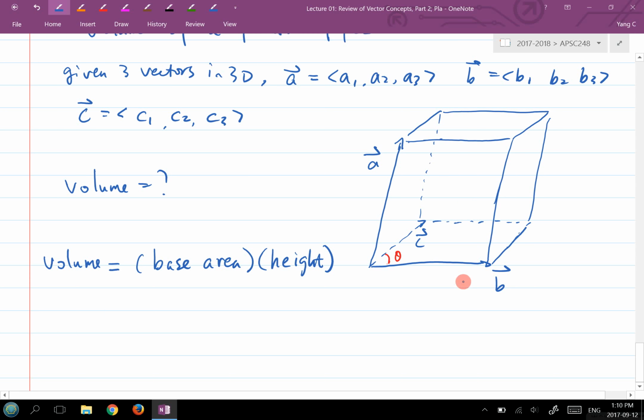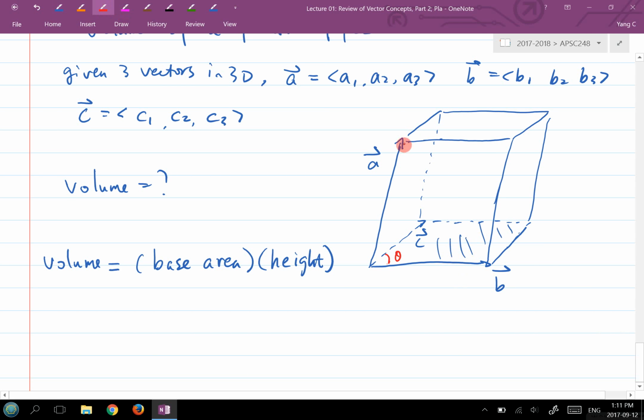So in this particular case, let's say I'm going to use the bottom here as the base area. Then the height will be the shortest distance between the top and the bottom surfaces, right? So I can draw something here.